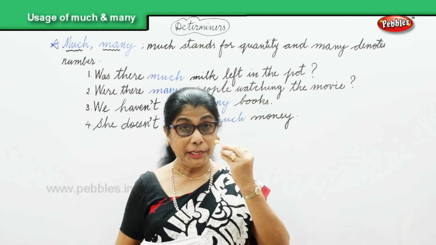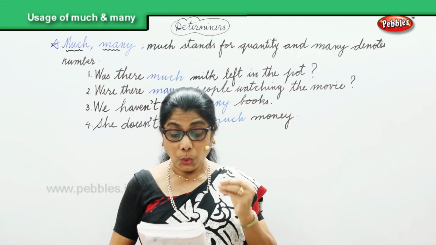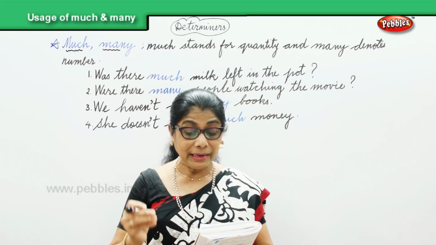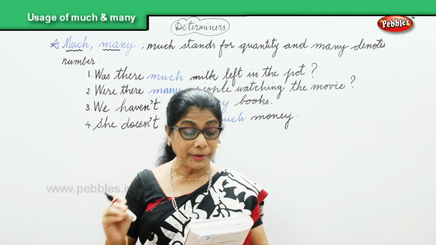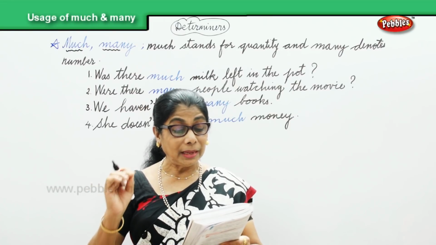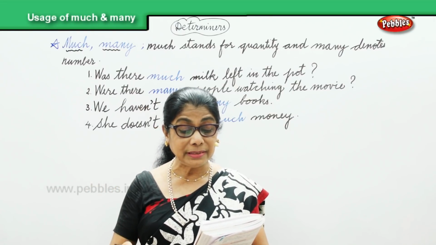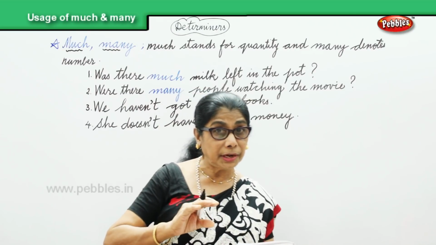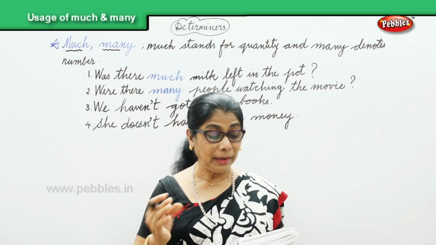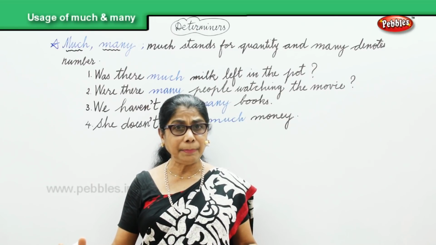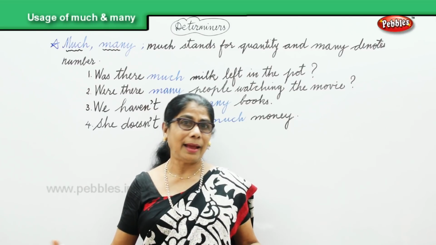Now, what we need to remember is words and expressions like those given in the box. Supposing we have many, a great many. Words and expressions may be used instead of many. A great many people gathered at the wedding.